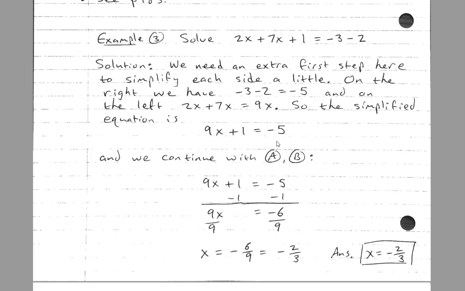So subtract 1 from both sides next. So 9x is equal to negative 6. Then divide both sides by 9 in step B. So 1x is equal to negative 6 divided by 9. And negative divided by a positive is negative.